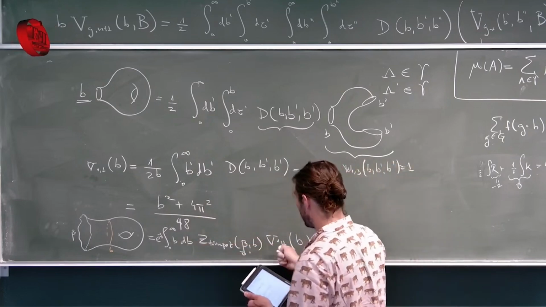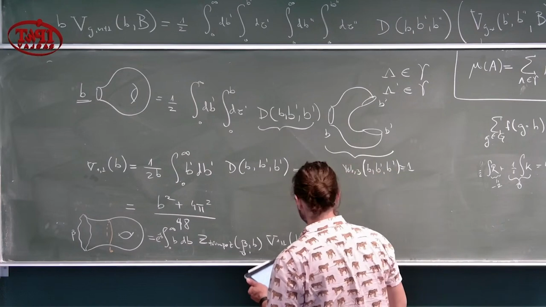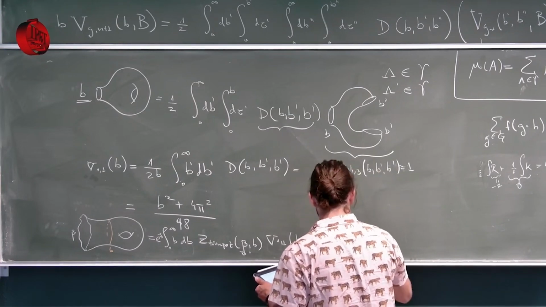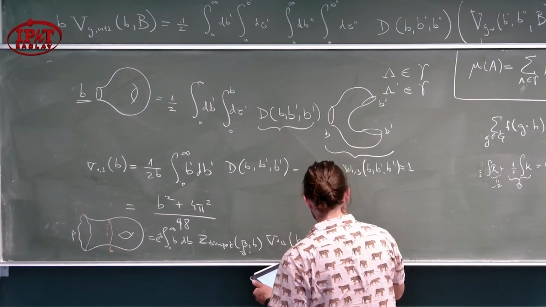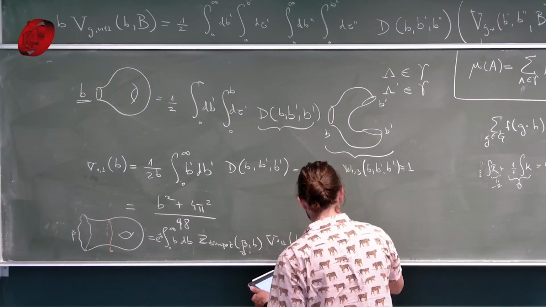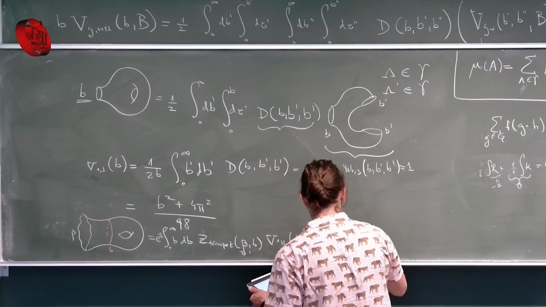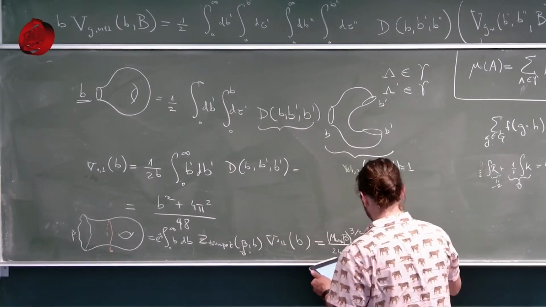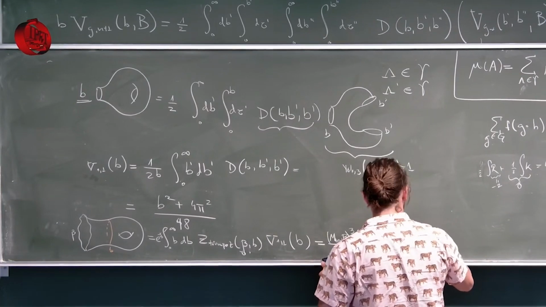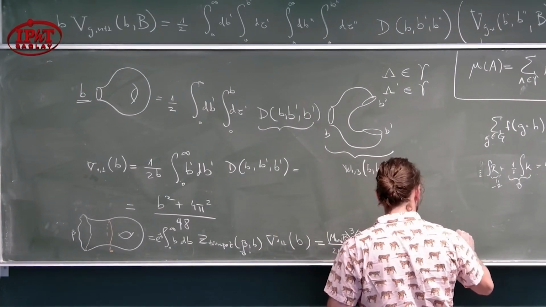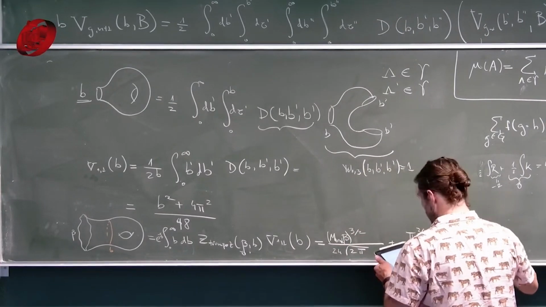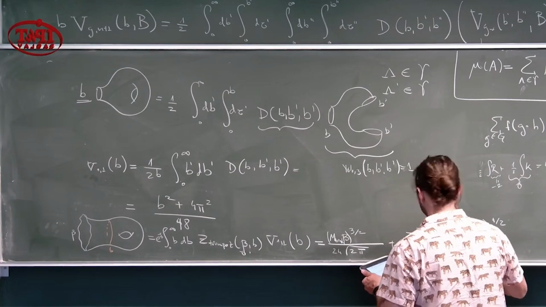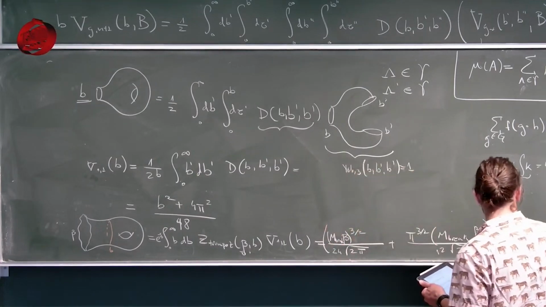So doing a Gaussian function times a polynomial is really easy, and you just get this beta to the power 3/2, over 24 square root of pi, plus pi to the 3/2 beta to the power 1/2, divided by 12 times square root of 2, times the factor of e to the minus S naught.